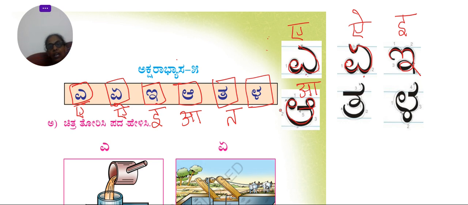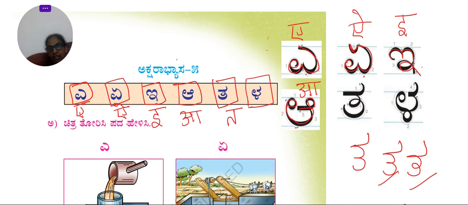Then this is Ta. See, this is similar to writing the digit 3 and putting a talekattu. You can also put a curve like this and write. Both of these are correct ways of writing.